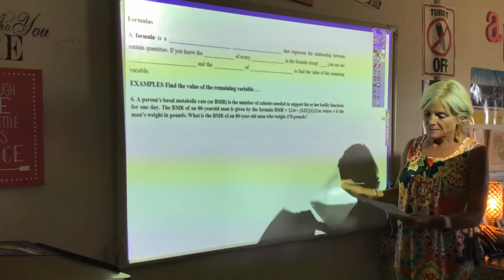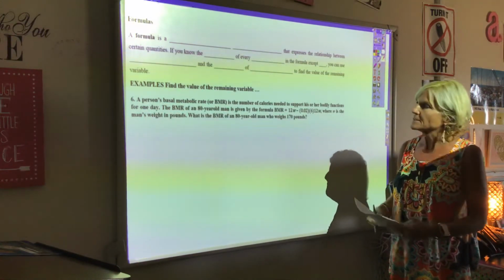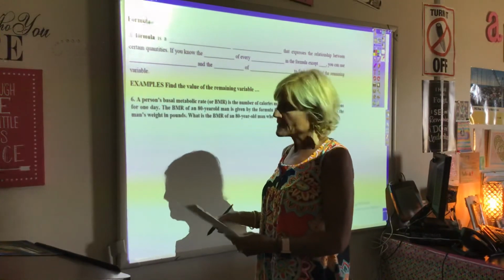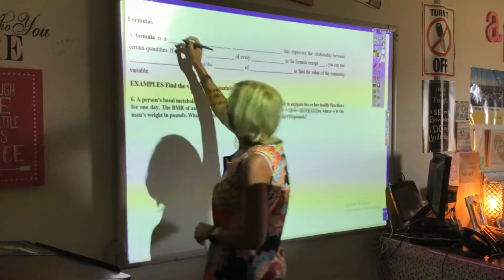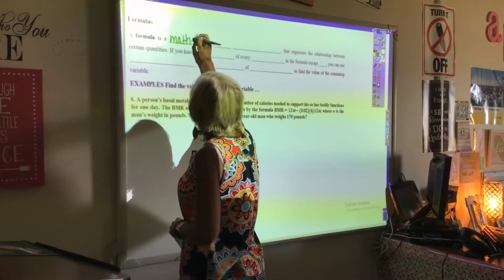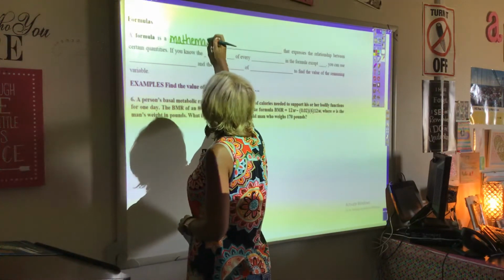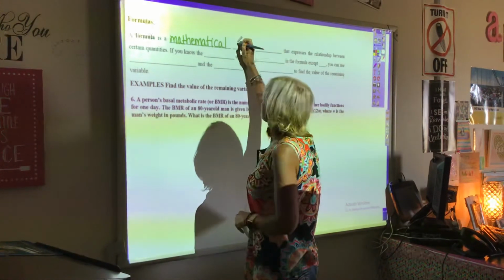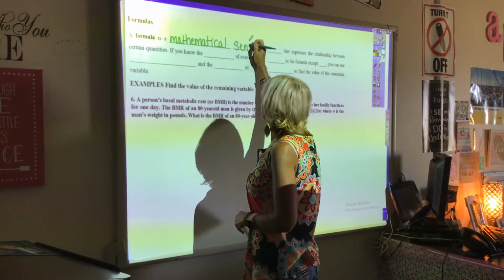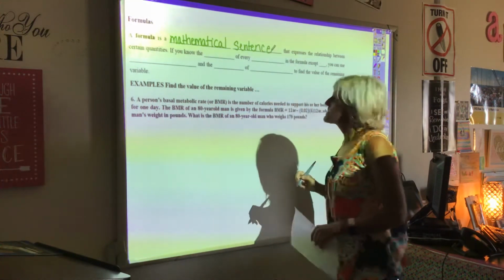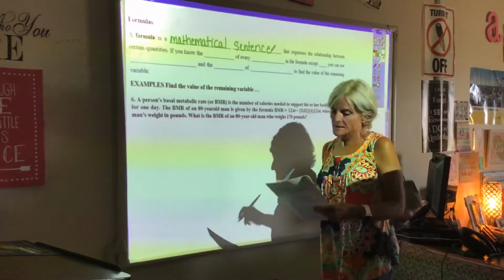Okay, we've got a little fill in the blank here. And it reads that a mathematical formula is a mathematical sentence that expresses the relationship between certain quantities.